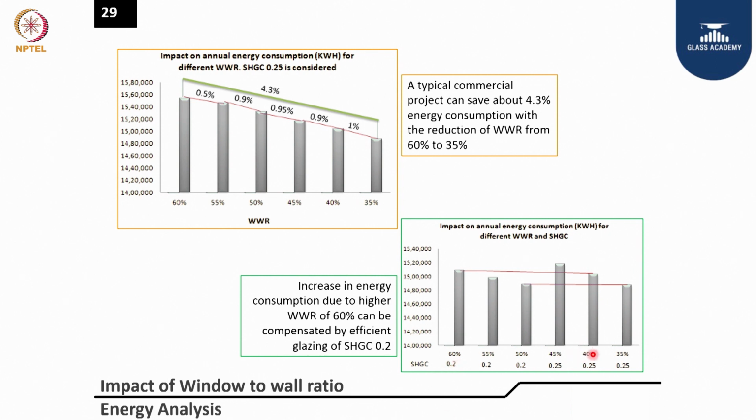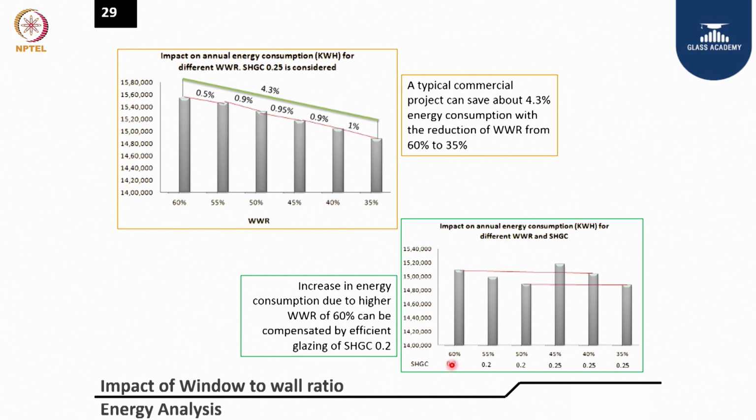And when I went to 40%, I relaxed the glass from 0.2 to 0.25 to get the same level of energy consumption. So by relaxing my glass and reducing window to wall ratio, I am maintaining the same level of energy consumption for the building. So this is the direction in which you can optimize your window to wall ratio and relax your glass.